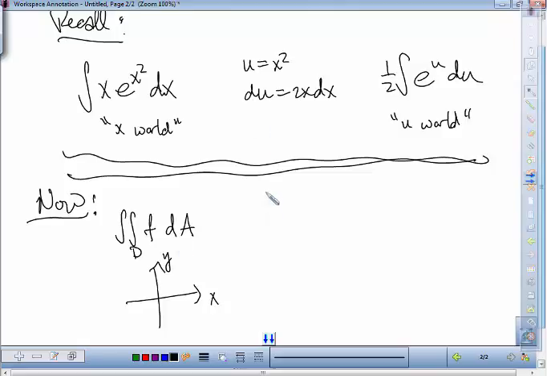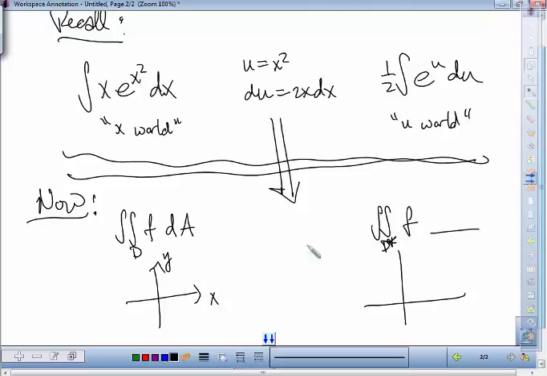But what we can do is, with a proper substitution, we might be able to go to a different world that would make things a little bit easier. So I'm going to put D star here, and then I'm going to change my dx, dy into some other d something, d something. And those two somethings will represent the new world that we're going into.